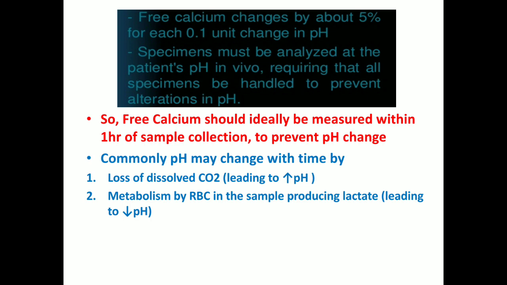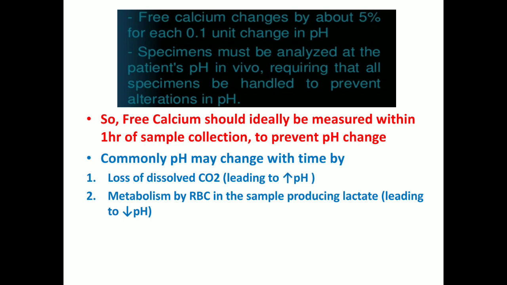And CO2, you know, is with water converted to H2CO3. So the more CO2 you lose, the less H2CO3, which is the acid. So the amount of acid in your blood will decrease, so the pH will increase. So if you keep it for a long time, your CO2 can go out and your pH can become alkaline.